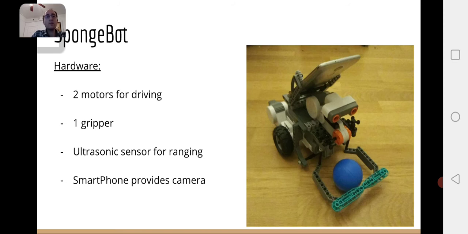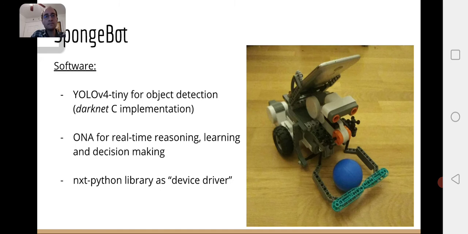Also, there's an ultrasonic sensor that allows it to do ranging, so that it knows how far away the objects it sees are, and also the obstacles. The seeing itself is carried out by the smartphone attached to the robot. Essentially, the convolutional neural network runs on the phone, so that it knows what it is actually seeing, and the ultrasonic sensor can tell it how far this object is away.